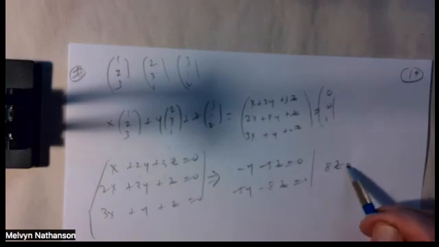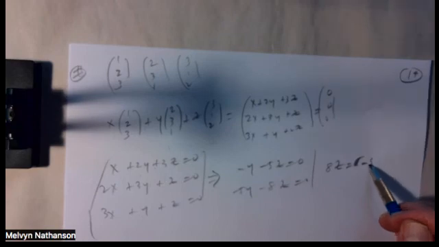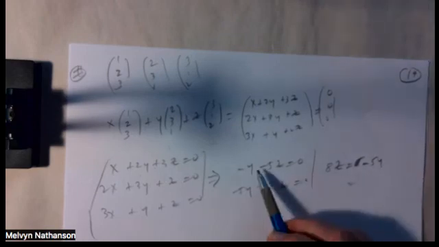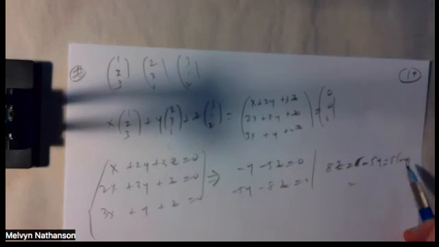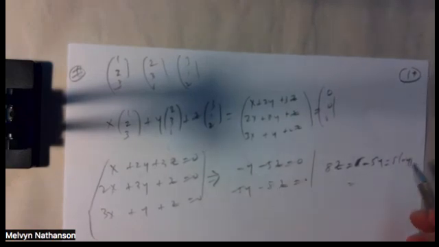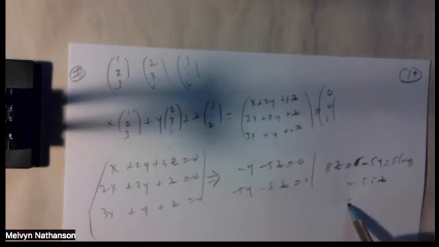So 8z equals minus 5y. Minus y is 5z. So 8z has to equal 25z.